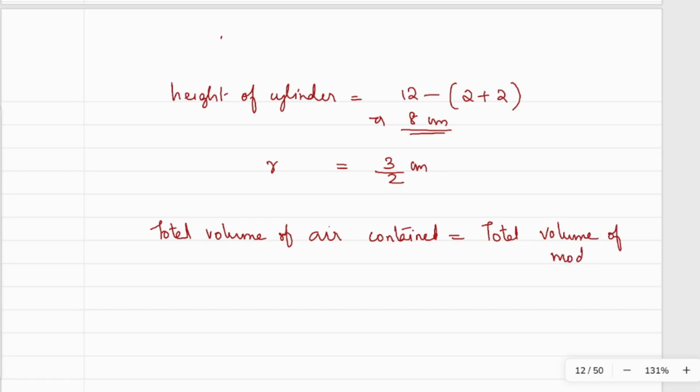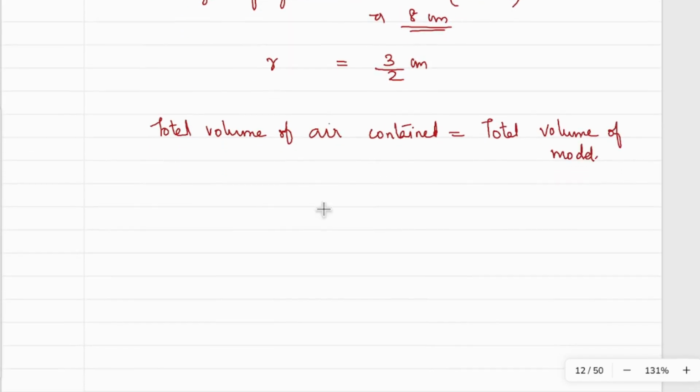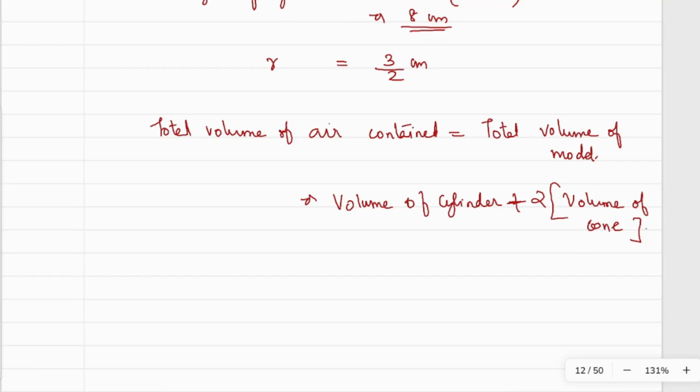So in order to find that, what we have to do? We have to add the volume of the cylinder, and to the cylinder we have to add the volume of two cones, right? That is 2 into volume of single cone. Okay, thus we will get the value.